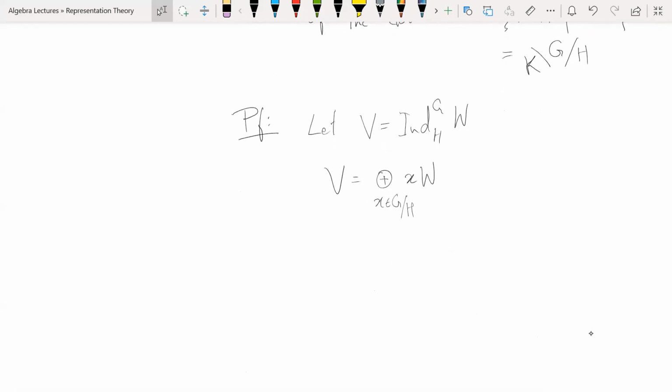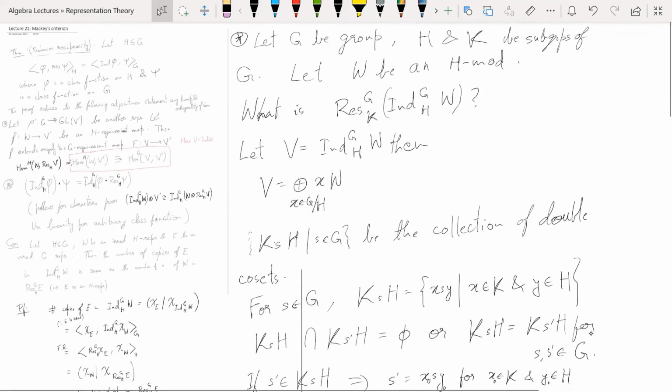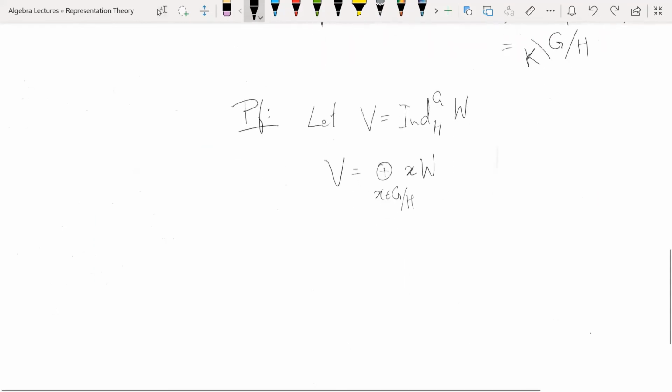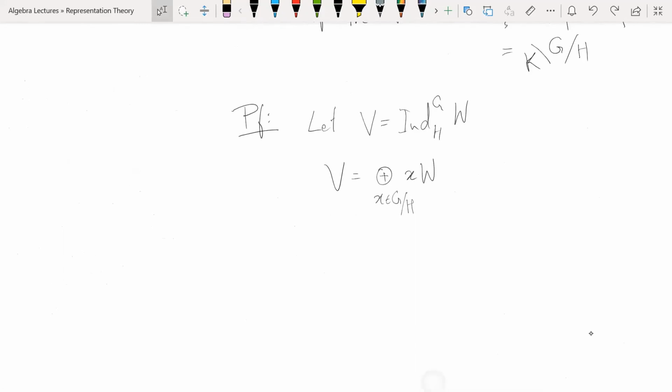So there's a natural way to decompose it into some K representations, based on these elements of capital S. So for s in capital S, let Vs be the subspace of V which comes from translating.